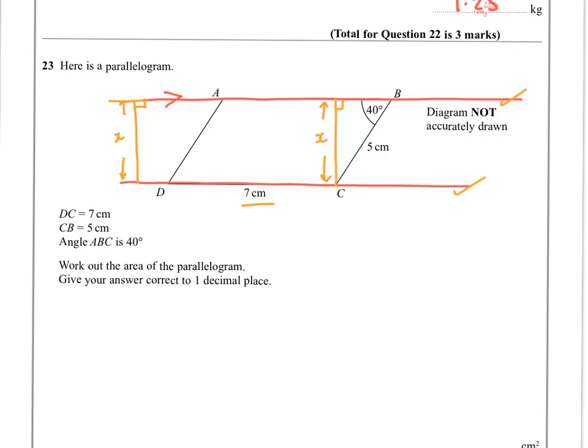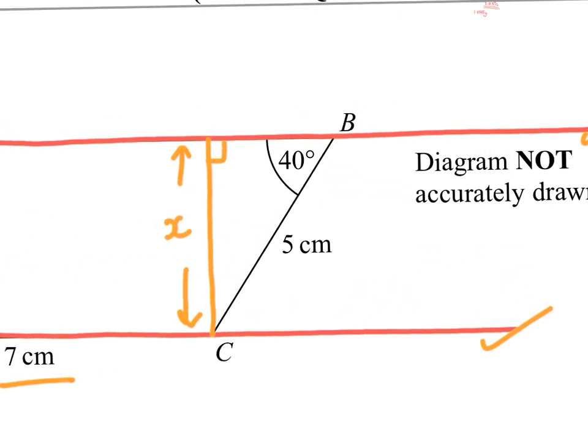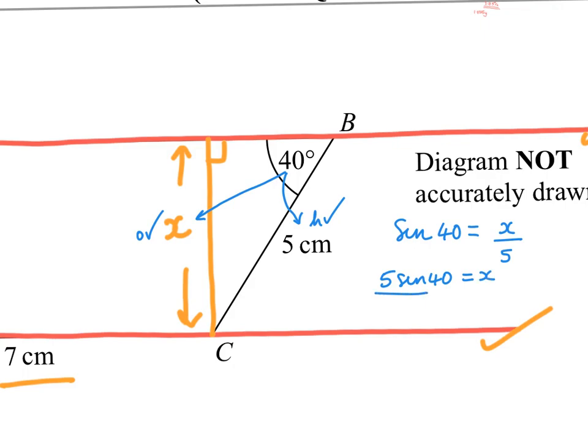So in this right angle triangle here, which I'll enlarge for you, we have got an angle, so we've got the opposite, we have got the hypotenuse, so we're going to use the sine, so we're going to say sine 40 equals opposite over hypotenuse, so that means if you times both sides by 5, that means 5 sine 40 equals x.